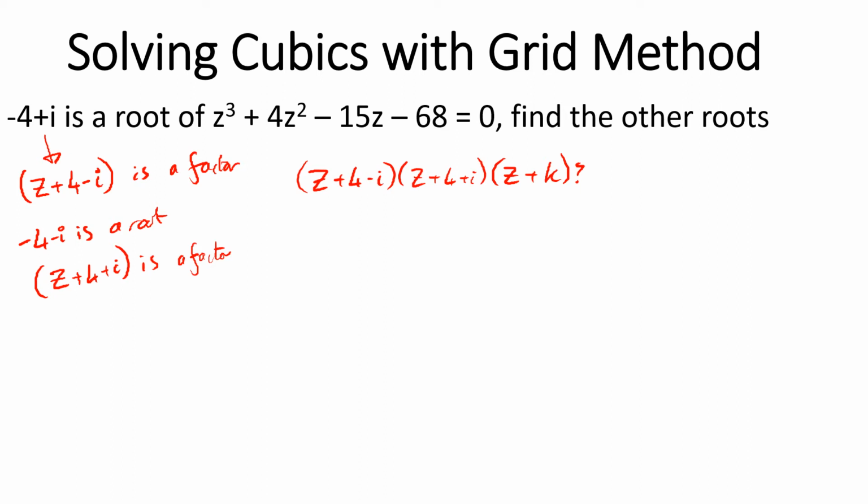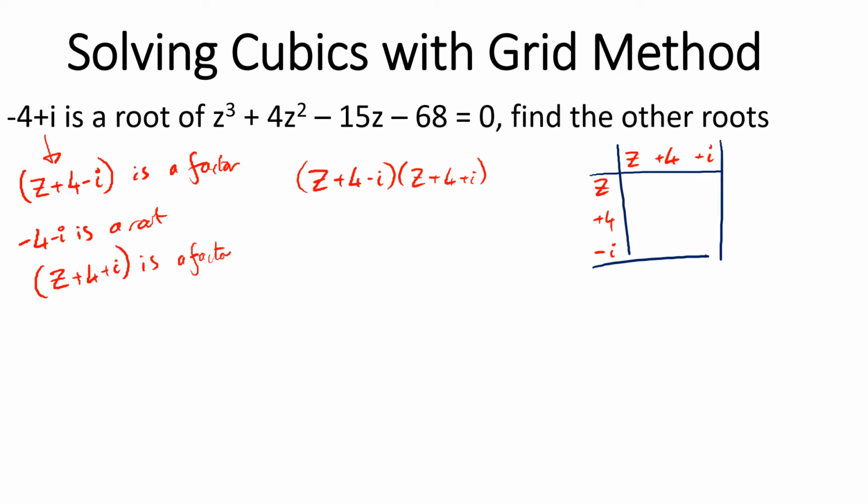How would you actually solve that? Well, this is where we have to kind of multiply our things together. So we're going to ignore that z plus k for a bit. And we're just going to think about, well, what do we get if we multiply these two roots together? So we can do this with a grid if you want. So we have got z, 4, and i, z, 4, and minus i.